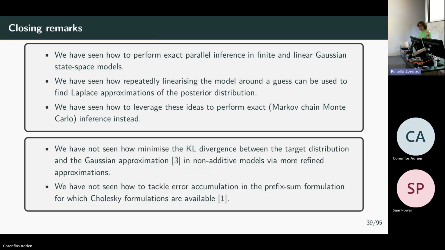But what we have not seen is the actual extensions of that. So how you actually minimize the KL divergence, but also very importantly, how you manage to get low numerical error in those prefix sum operations. GPUs, we've been mentioning it earlier, mostly work with 32 bits precision, right? So like half precision.